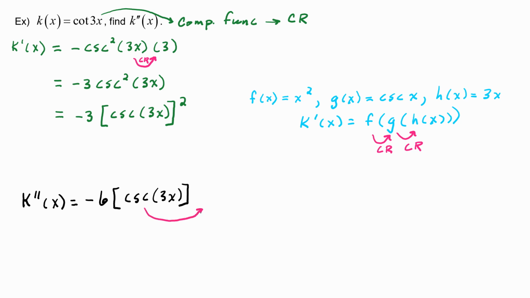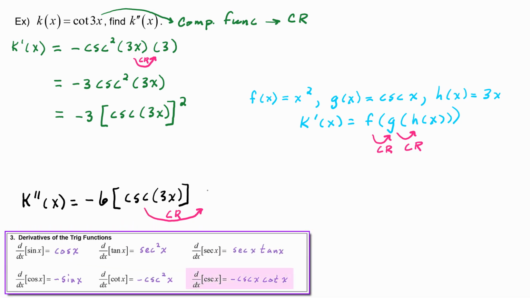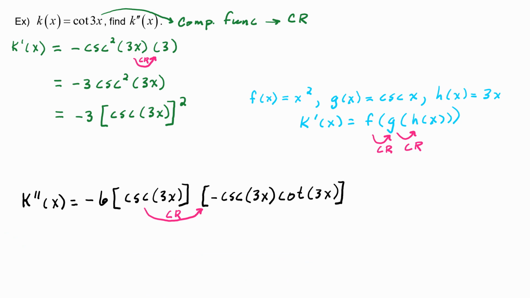Now, the chain rule tells us that we have to find the derivative of cosecant of some stuff. So that's going to be negative cosecant of the stuff, which is 3x, times cotangent of the stuff, 3x. And then the chain rule tells us we have to find the derivative of what's inside that, which is 3x, and that derivative is 3.